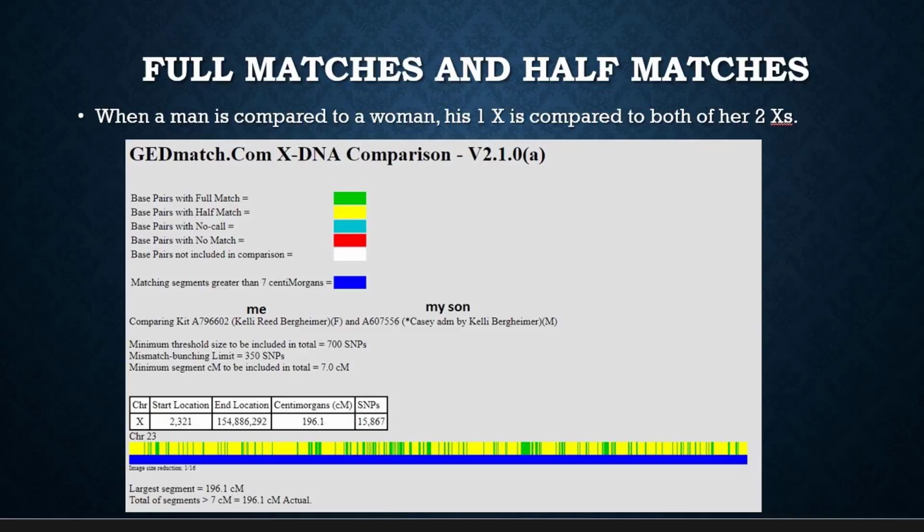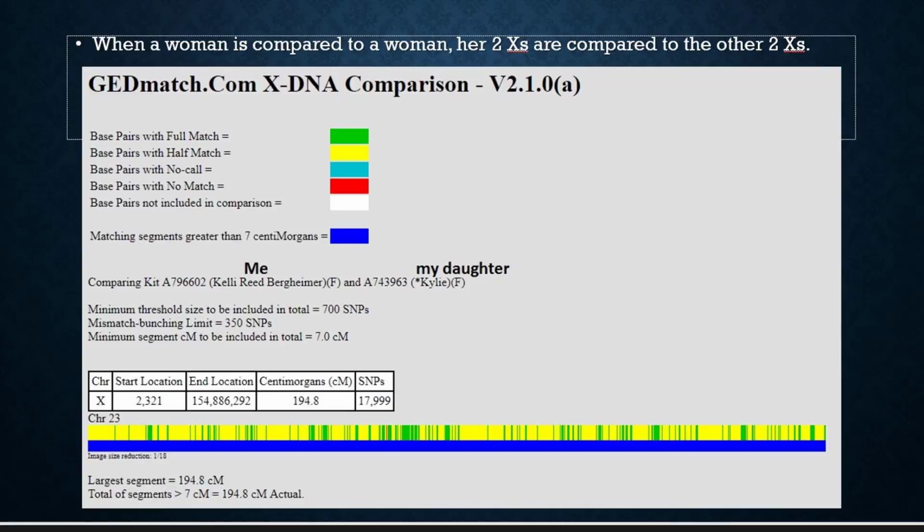Okay, so there is such a thing as a full match and a half match, depending on which kind of comparison you're doing. If you're comparing a woman to a woman, then you're comparing one woman's 2 X's to the other woman's 2 X's. Again, you can sort using phasing. You can sort using some of the other tools in GEDMATCH, like the segment sorter.